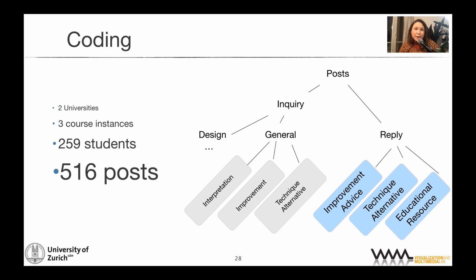In the case of general inquiry, we defined categories such as interpretation, whether it was an inquiry about improvement or a technical alternative, and in the case of visual design, we were more specific and labeled subcategories such as effectiveness, clutter, readability, etc. In the case of the replies, we coded whether it was a reply with an improvement advice, an alternative advice, or an additional educational source.